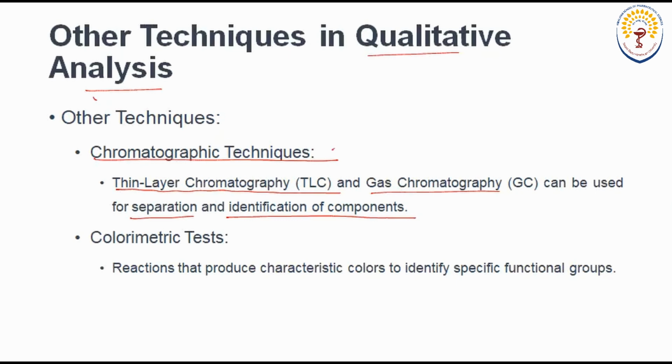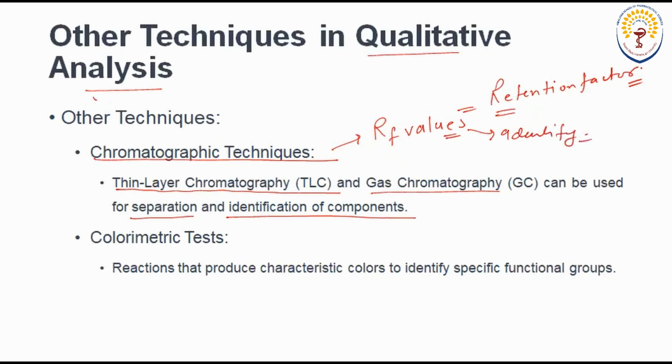There is a factor called the RF value. Dear students, you must know it. RF value stands for retention factor or retardation factor of the sample. With the help of the RF value, you can perform the qualitative analysis of the sample.